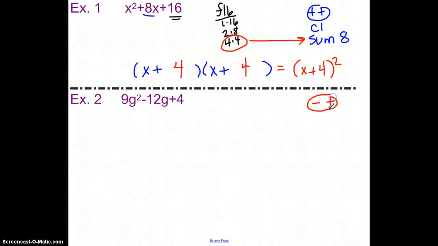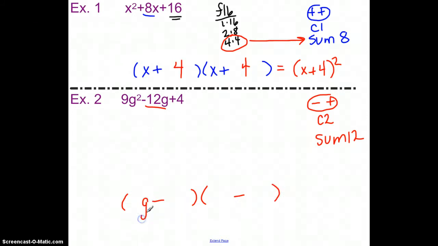So it is a minus plus, which means it is case 2. Which means that's going to be my sum. So it's a sum of 12. So if it's case 2, I know down here, both of these are going to be subtraction, because that's what case 2 is.